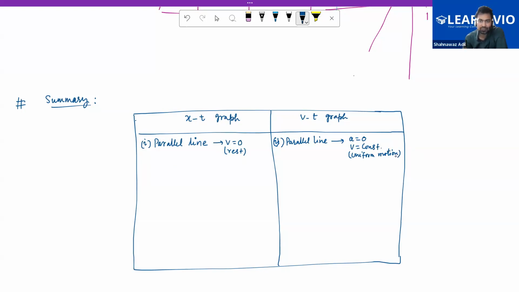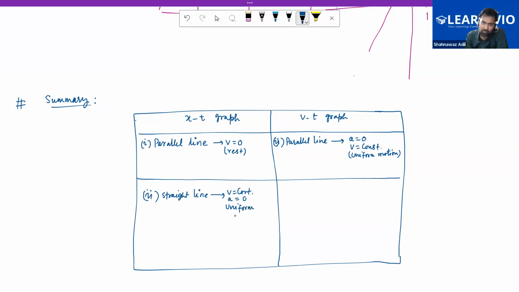Clear? Yes. In the XT graph, a straight line represents v equal to constant, which is a equal to 0, which is uniform motion.